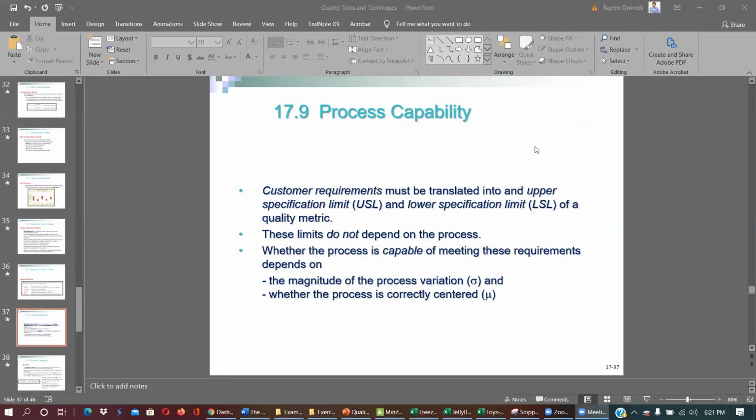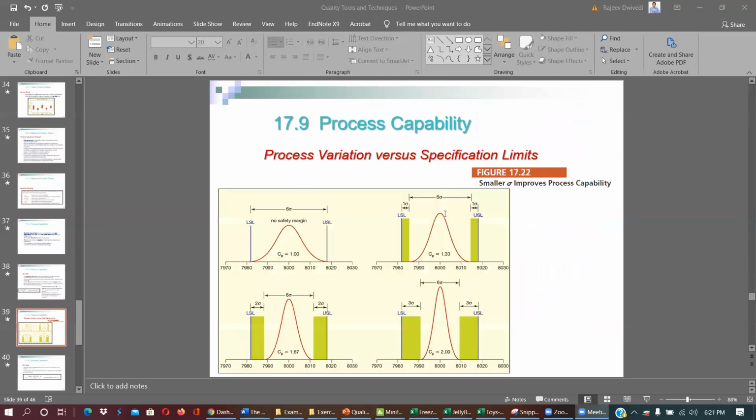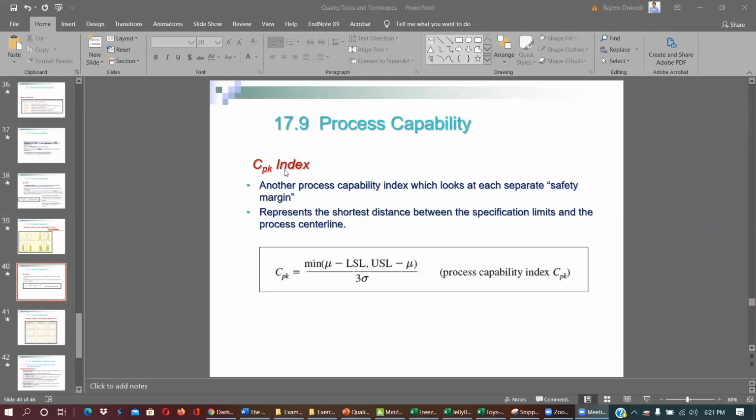The last thing related to this module is about process capability. Customer requirement. So basically look into the process capability. These are the 2 indices we have here: one is the CP index and one is the CPK index.